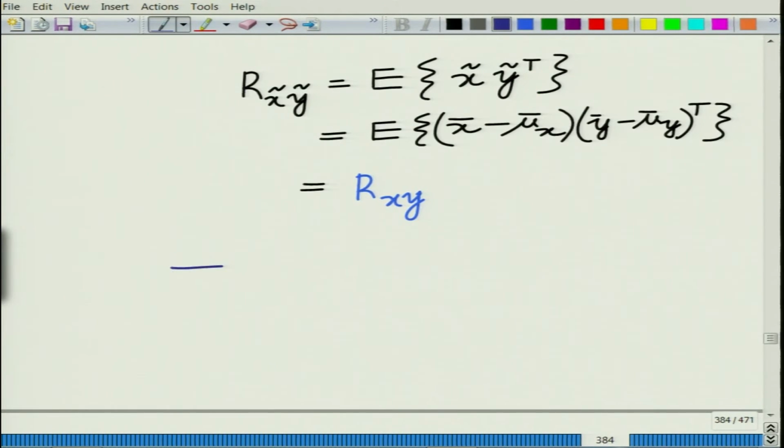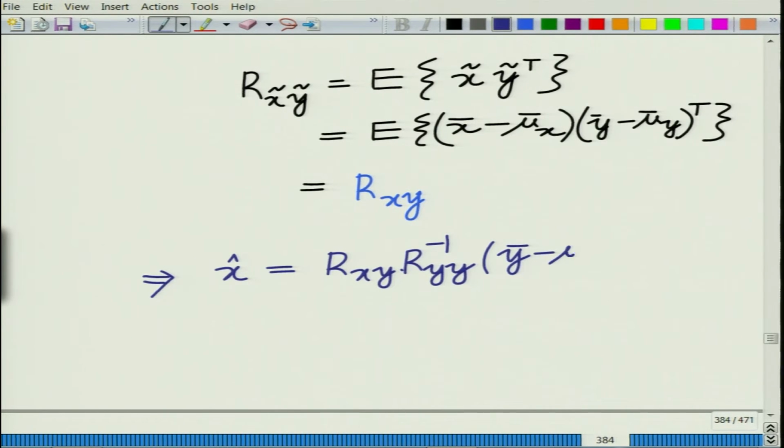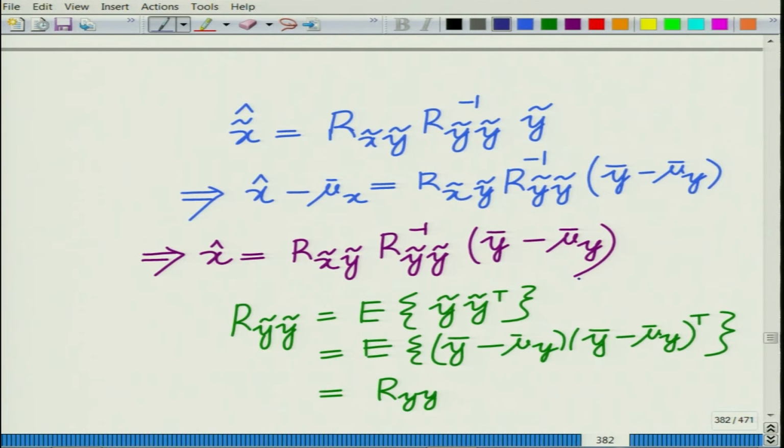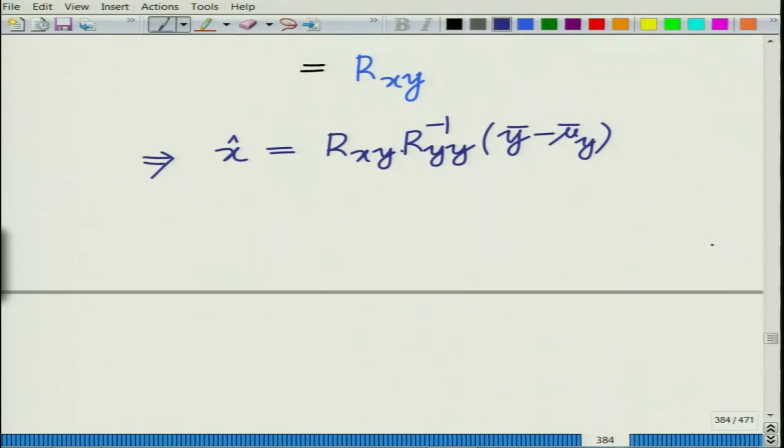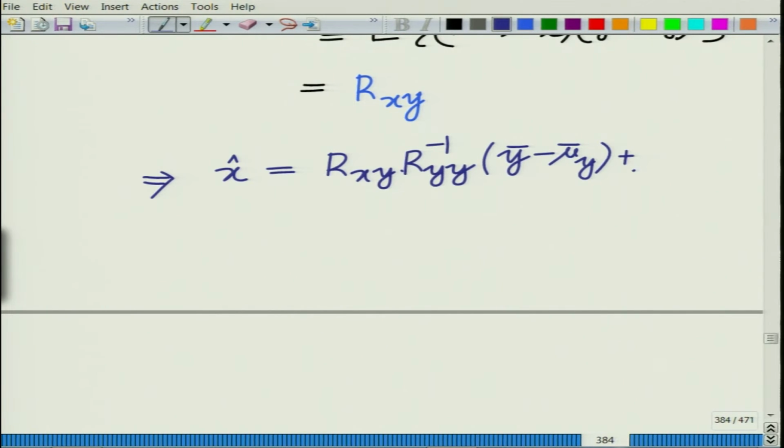this implies that we have a very simple expression for the LMMSE estimate: x hat equals r x y r y y inverse (y bar minus mu bar y). I am sorry, here you have to have mu bar x that comes from the left, so therefore you have plus mu bar x.